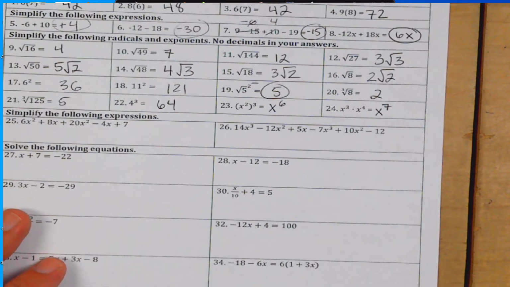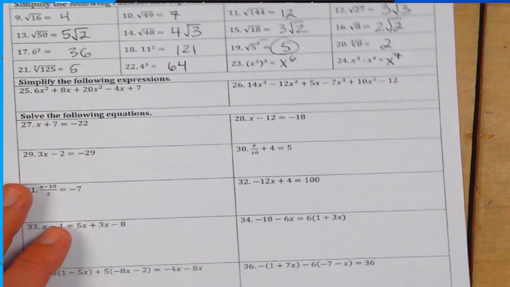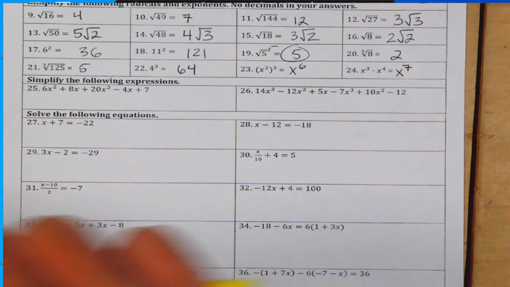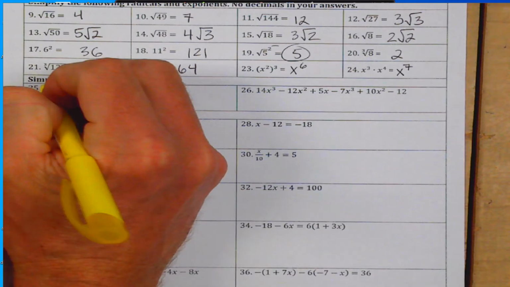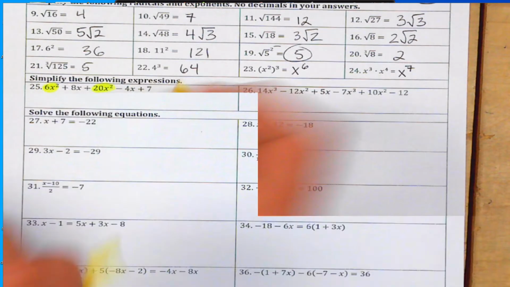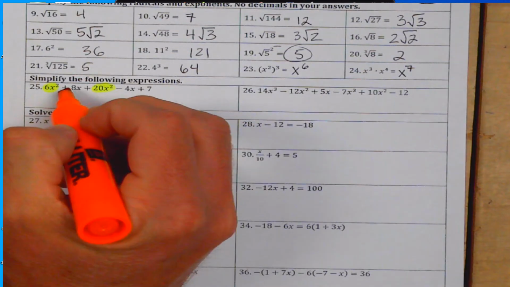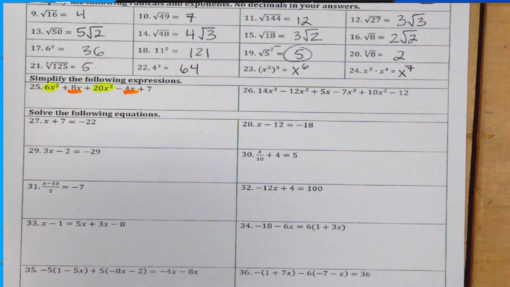Cool. All right, simplify the following expression. So to do these ones, you need to find the like terms. And so I have a highlighter here, and those are my like terms because they're both x squared. And then these are the same term here because they're x's, and we just combine them.